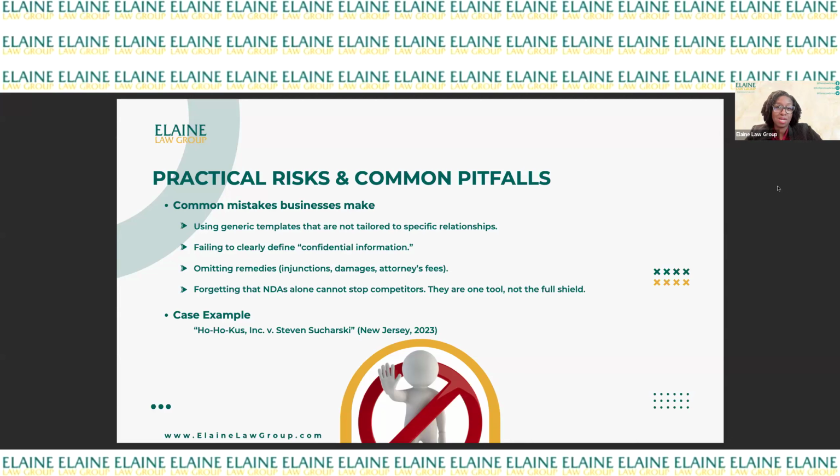Well, the handbook is something that can be updated as policies change and therefore does not constitute a contract, right? And so in that case, they didn't have the employee sign the NDA as part of their onboarding packet, which certainly, if you're a client at Elaine Law Group, we would not have you doing that. We will have you have really tailored employment contracts and agreements with your team members, your vendors, what have you.